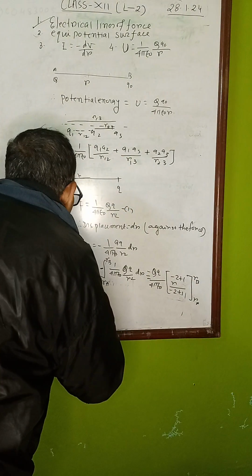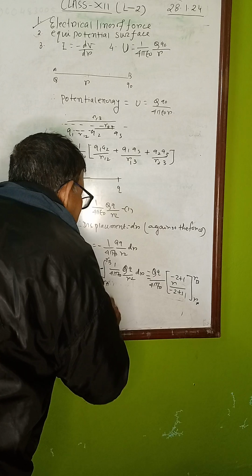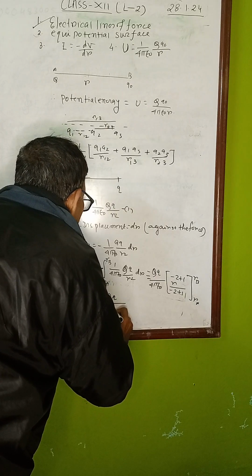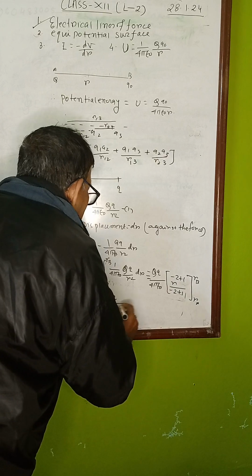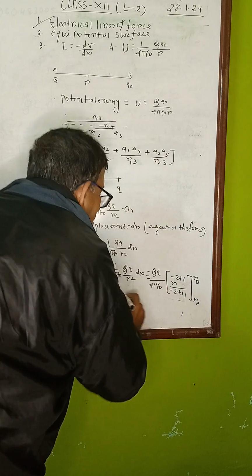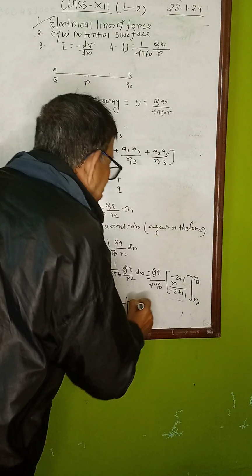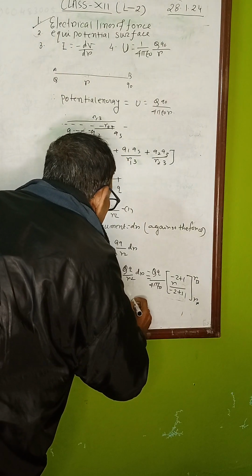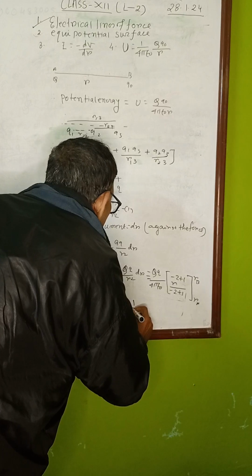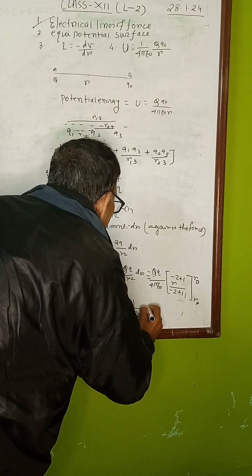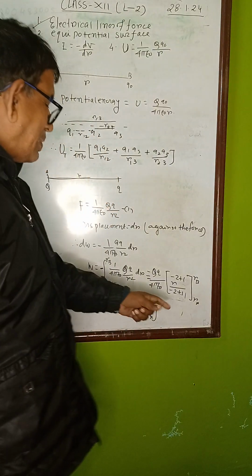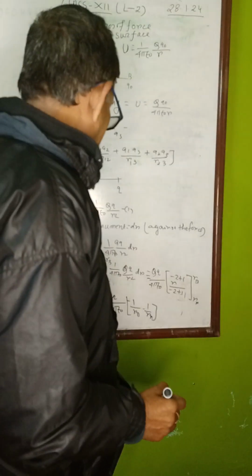So you are getting work done equal to Q small q by 4 pi epsilon naught times 1 by RB minus 1 by RA, upper limit minus lower limit.